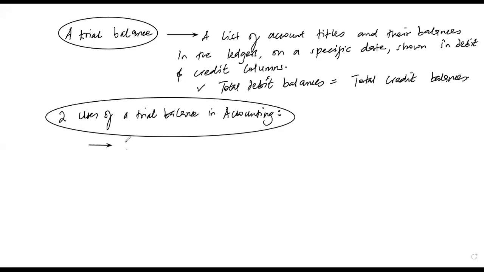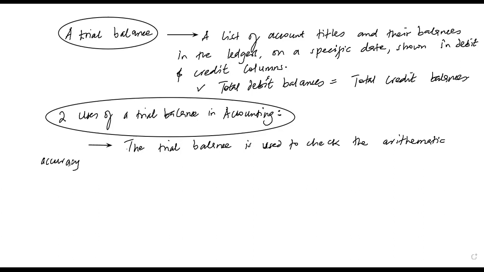So number one, the trial balance is used to check the arithmetic accuracy of the double entry system.